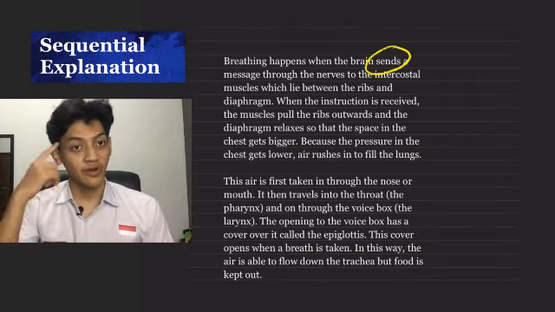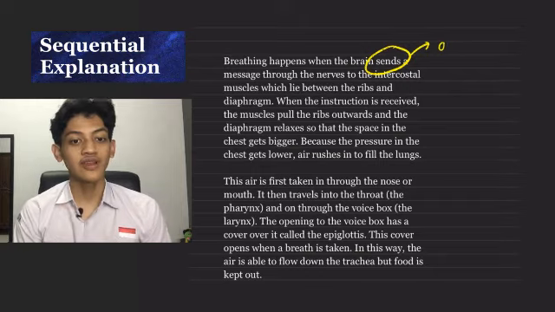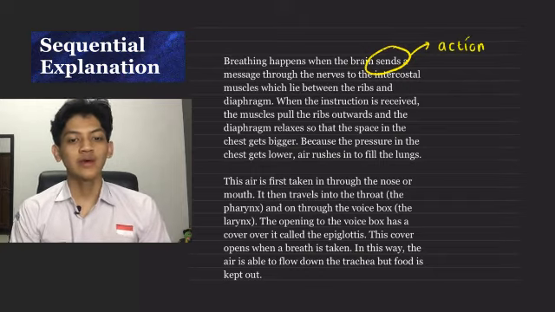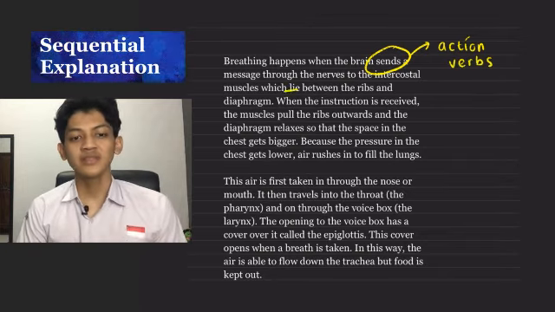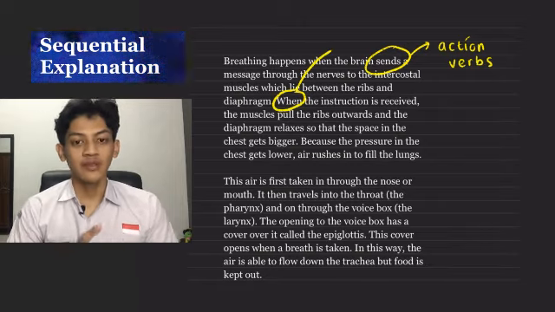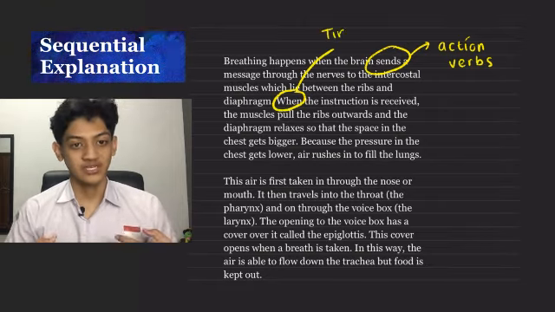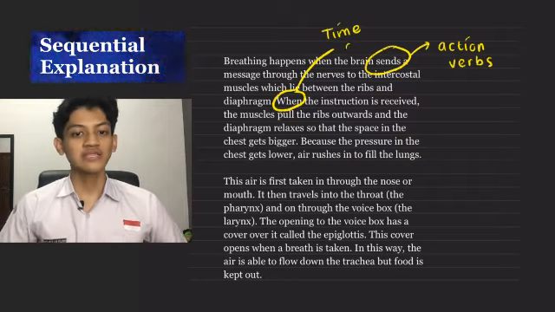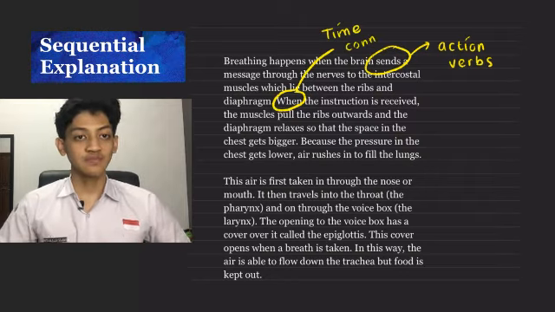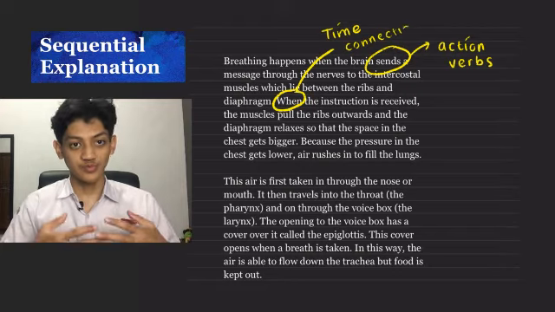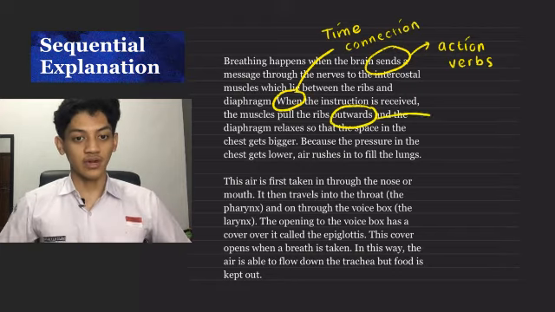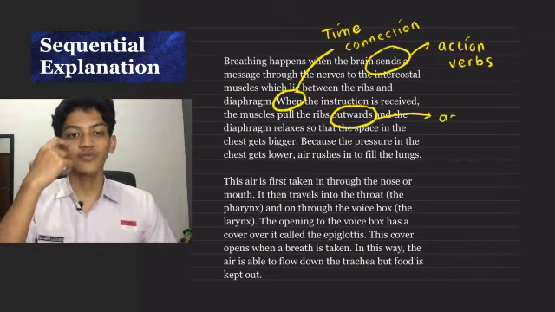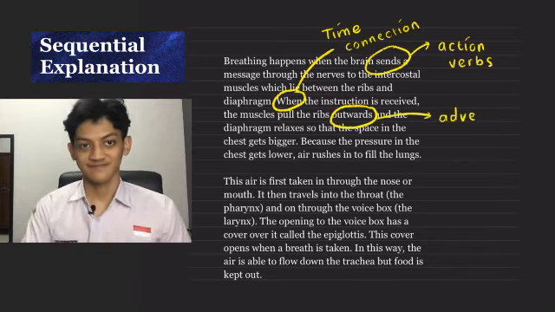Breathing happens when the brain sends a message through the nerves to the intercostal muscles, which lie between the ribs, and the diaphragm. When the instruction is received, the muscles pull the ribs outwards, and the diaphragm will release so that the space is bigger, and your chest will get bigger too. Because the pressure in the chest gets lower, air rushes to fill our lungs.